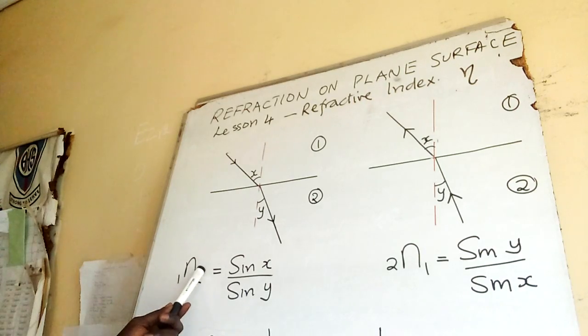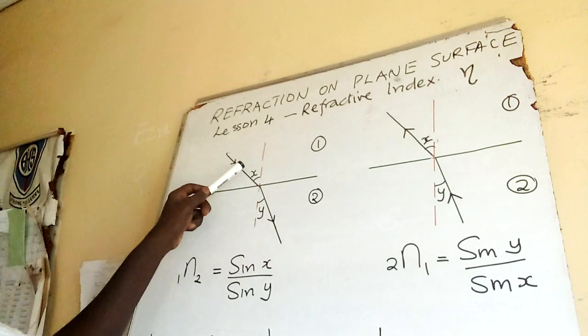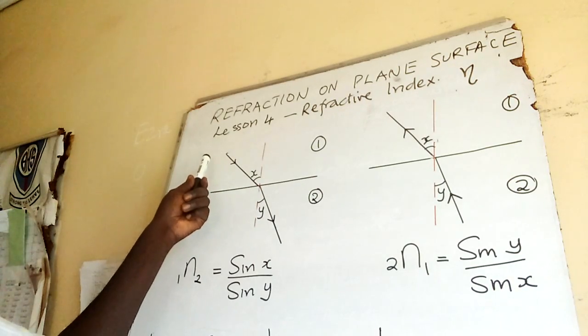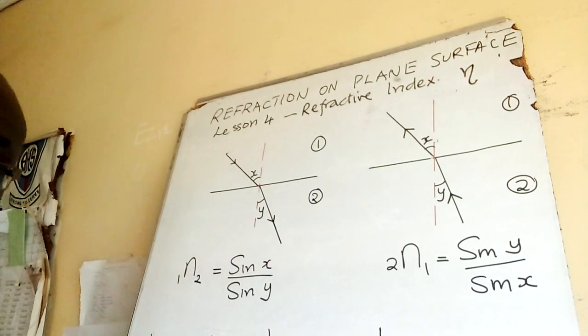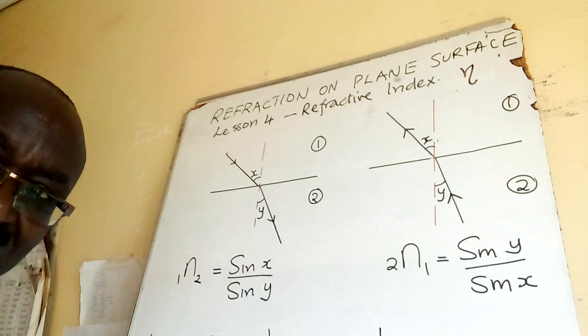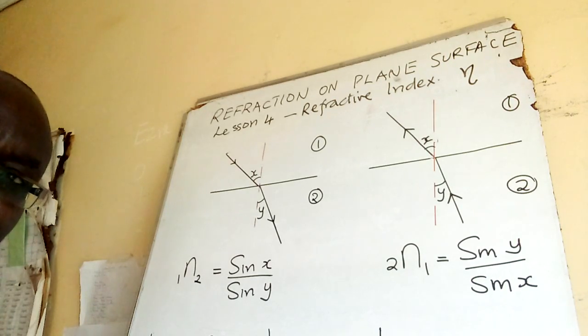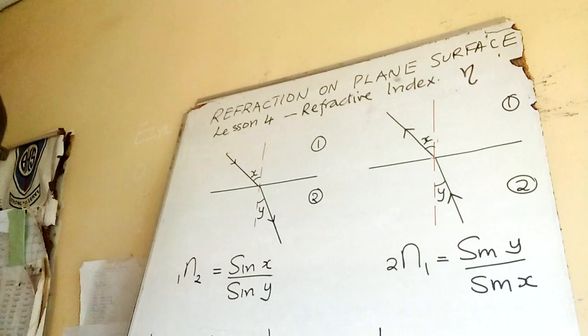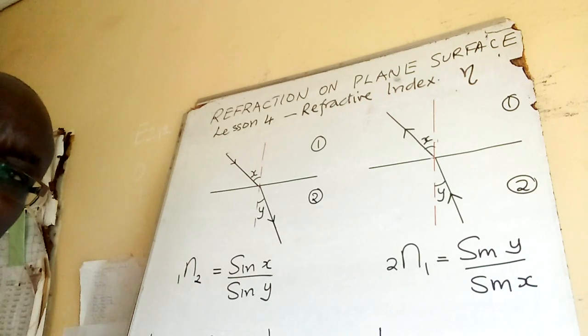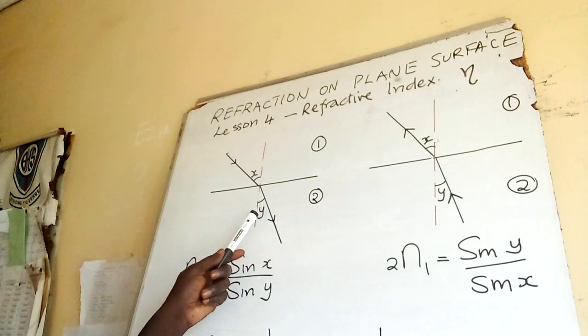You get the sine of angle I. Angle I, remember, is the angle made by the incident ray and the normal. Just to change things a bit, I've put it as letter X. That X is I, the incident angle. And the angle of refraction is the angle between the refracted ray and the normal, denoted by Y here.